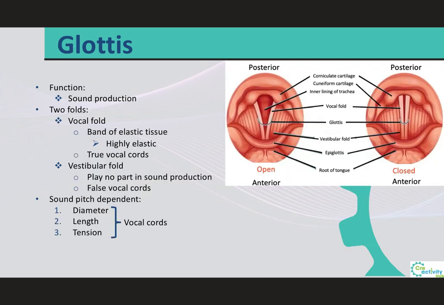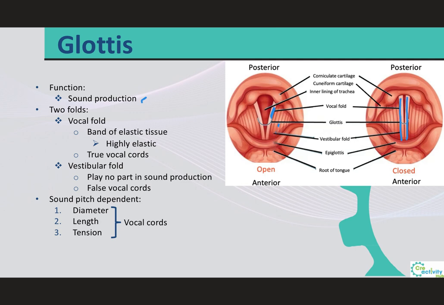So like we saw on the previous slide, the glottis is going to be located inferior to the epiglottis, and this is where the sound will be produced. As we can see, there are going to be 2 folds, the vocal and the vestibular fold. The vocal fold is this band of elastic tissue, therefore it is going to be highly elastic or stretch.